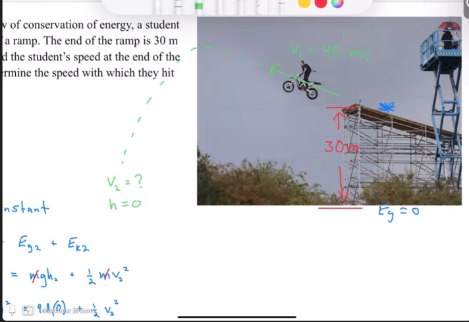So when you're doing calculations with gravitational potential energy, keep 9.8 positive. It's only the height that you're going to list as potentially negative. If I had said this height here is 0, then I would have to say when this person hits the ground, they're at negative 30, and then that negative 30 would go into my equation.